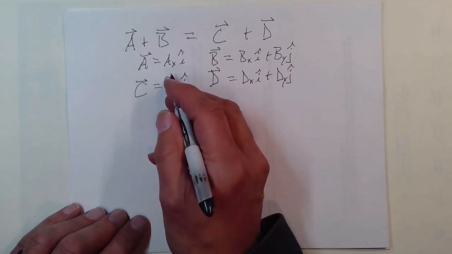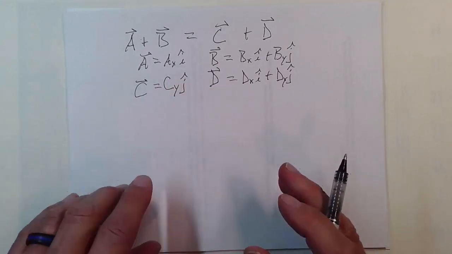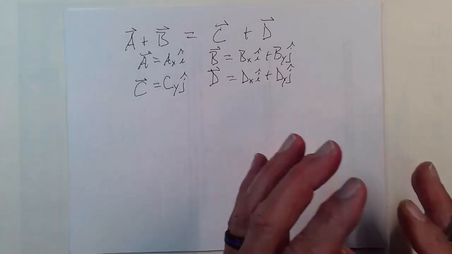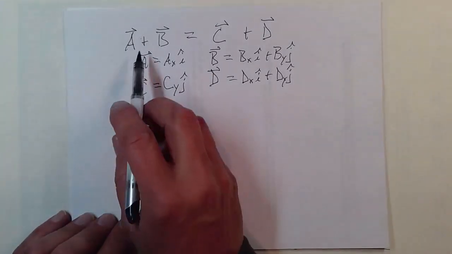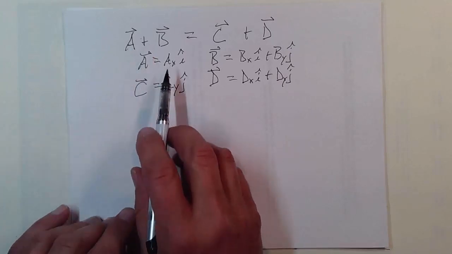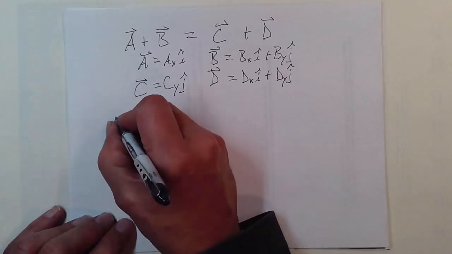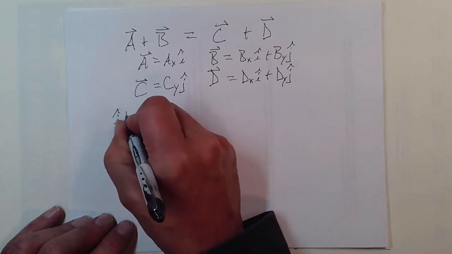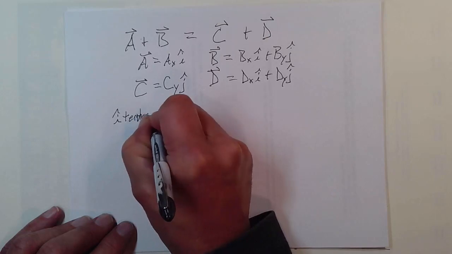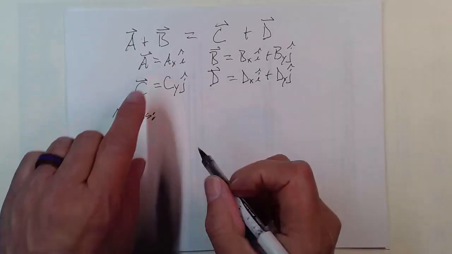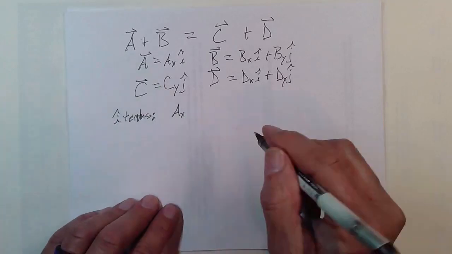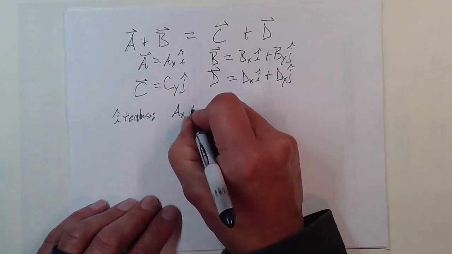And what I would end up with, the i hat terms from the left side have to equal the i hat terms from the right side. Well, I've got an addition going on between A and B, so I'm just going to pick off the i hat terms. Well, I've got an A sub x, I've got addition, and I've got B sub x.